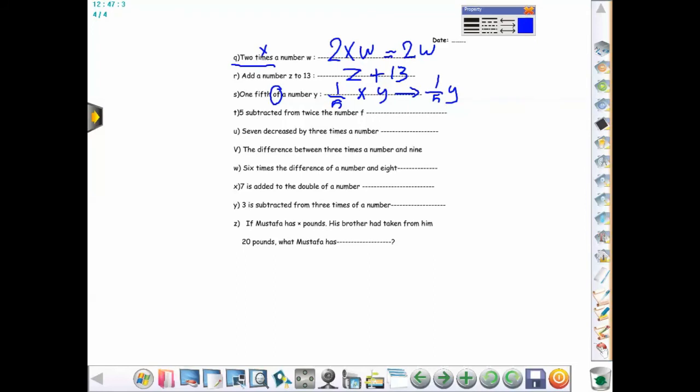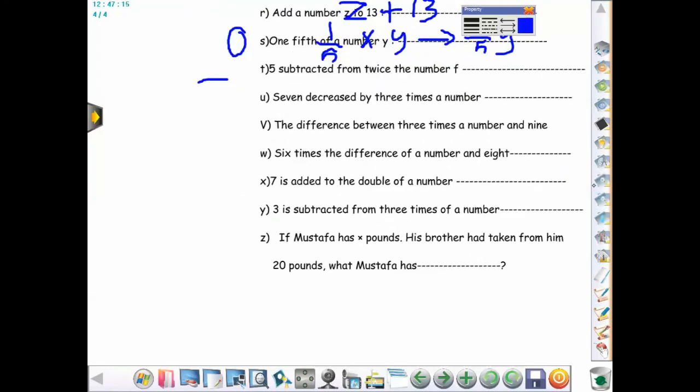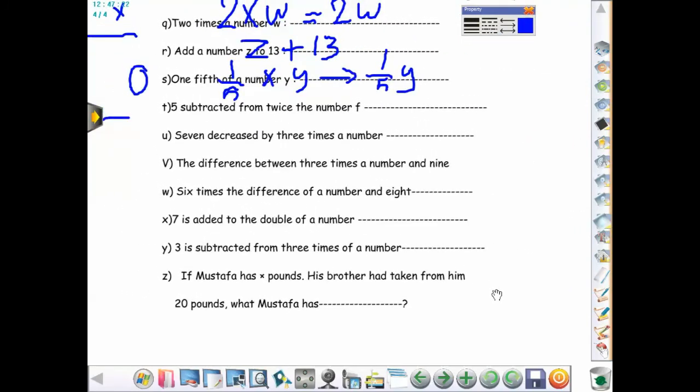5 subtracted from twice the number f. Okay, subtracted means, let's zoom in to make it clear. Here letter T says five subtracted from twice the number f.